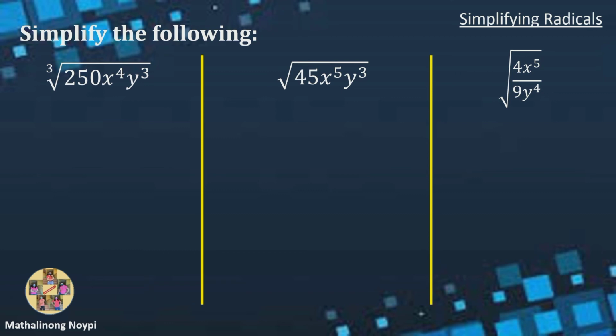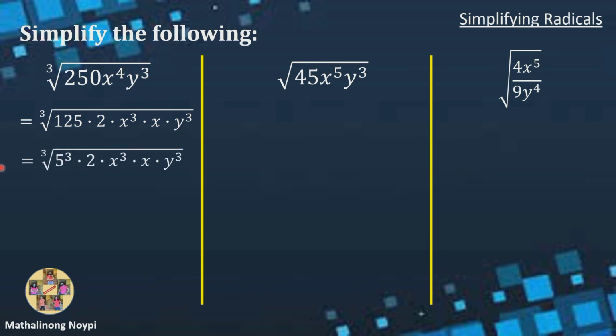So to simplify the first example, we will use the removing of perfect nth powers. So i-breakdown po natin ang radicand. Okay? So that is the cube root of 125 times 2, that is 250, x cubed times x is x raised to 4, and then y cubed.